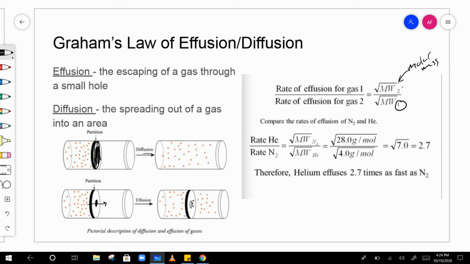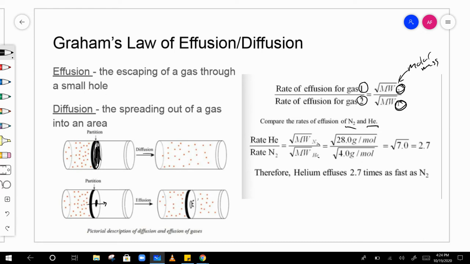Notice these are flipped. So be really careful. If you want to compare the rates of effusion for nitrogen and helium, you have rate of helium over rate of nitrogen, then the molar mass of nitrogen over helium, and it's the square root of those two things.